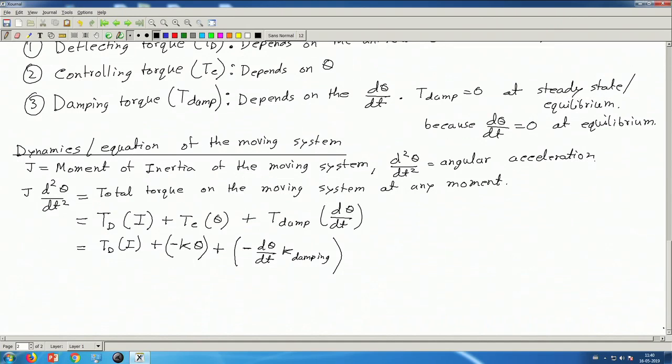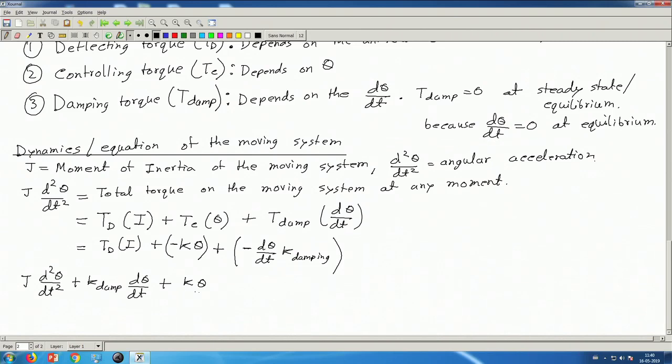Now we can rewrite it by slight reorganization of the terms. So we bring all the theta dependent terms on one side. So this is J times the second derivative of theta. Then let me write the first derivative term, which will be k damping multiplied by d theta dt. The minus sign will become plus when I bring it to the left side, plus this k theta.